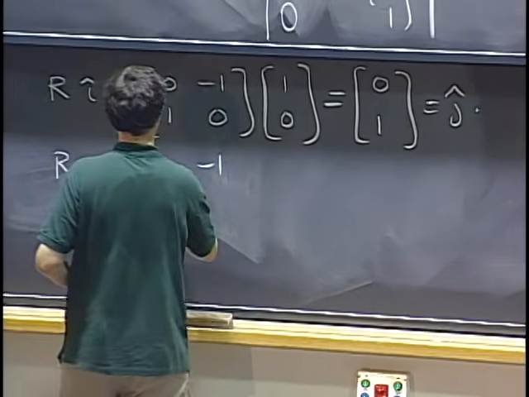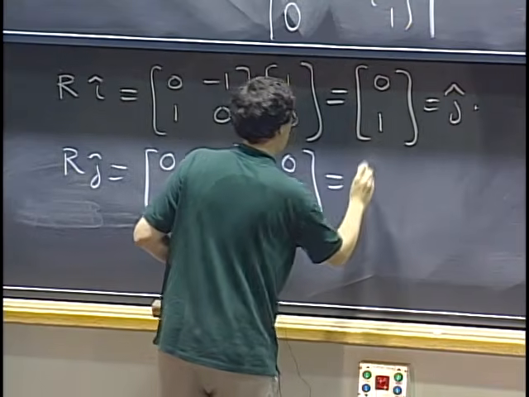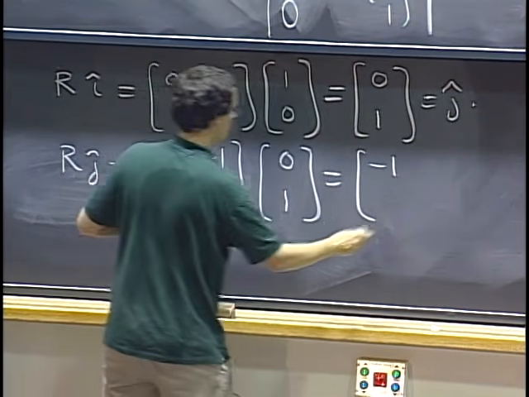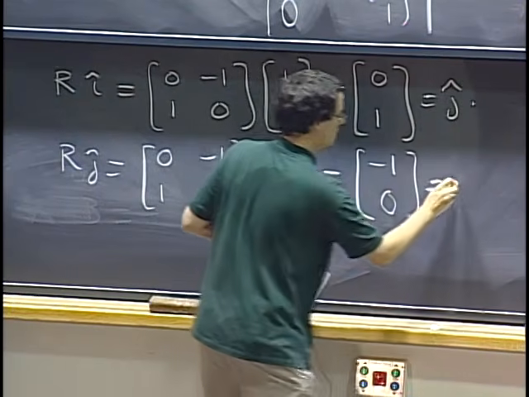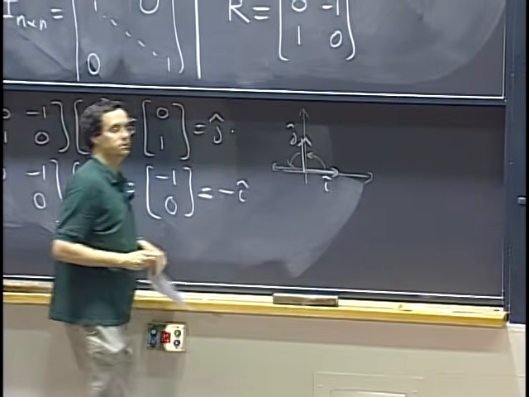What about j hat? Well, you get negative 1, and then you get 0. So that's minus i hat. So j is sent towards here.